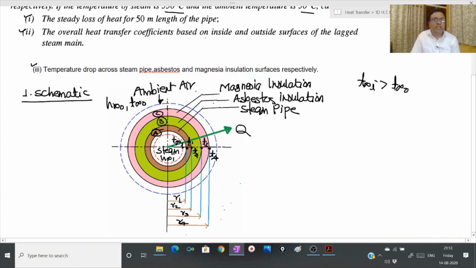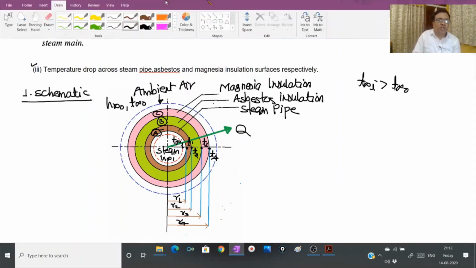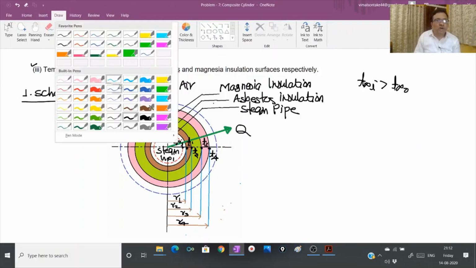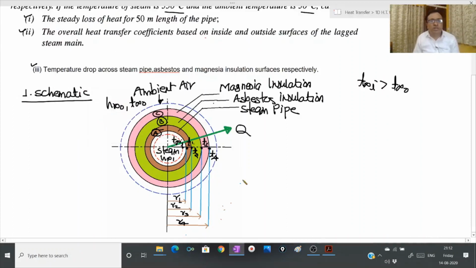Now, as heat transfer takes place from inside to the outside, by virtue of the thermal resistances offered by different fluid layers and solid materials, temperature drop will take place from inside of the fluid material to the outside of the fluid material. And this is nothing but temperature profile. And we know for cylindrical surface, the shape of the temperature profile is logarithmic in nature.